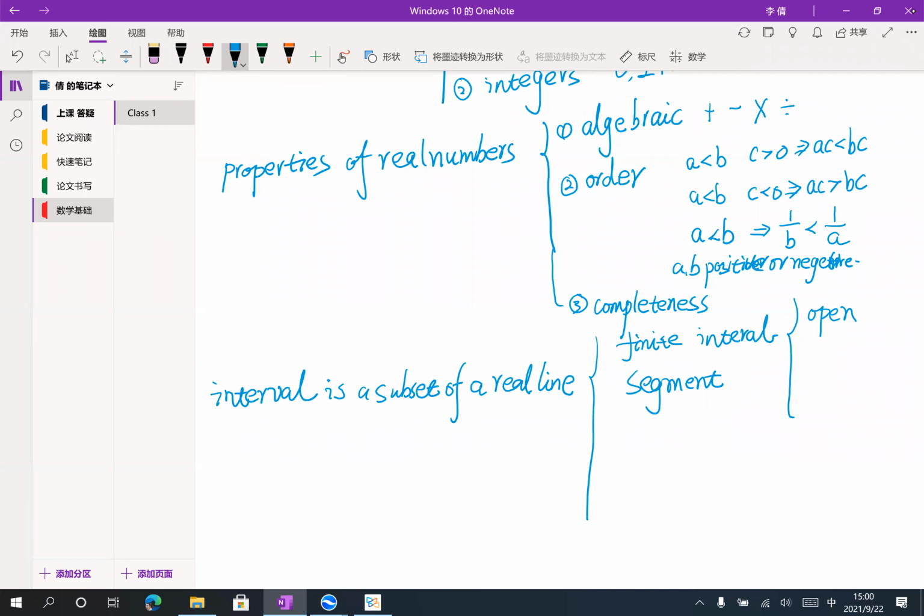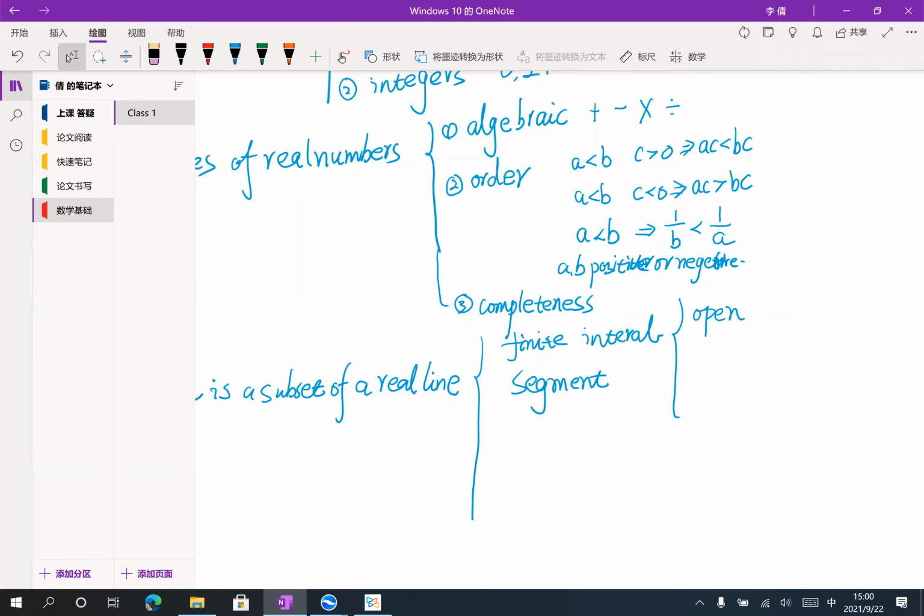The first one is the open finite interval, which looks like this: the left is a parenthesis, then A, B, and the right is a parenthesis. This means an open interval. An interval that contains the endpoints, with a bracket at A and a bracket at B, is a closed interval.